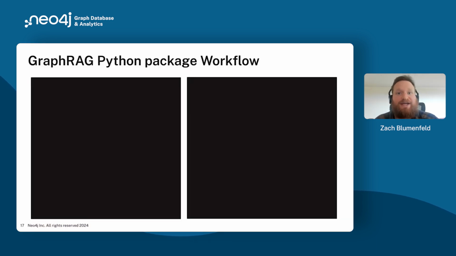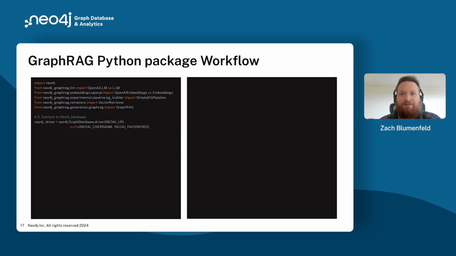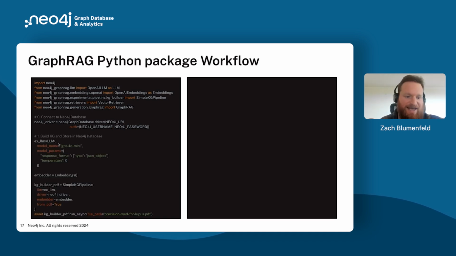So to give you an idea of what this looks like before we go into a demo, I'm going to show you 3 to 4 steps here. First, you can connect to Neo4j using a driver. It's a pretty simple step once you have your Neo4j database created. Next, to build your knowledge graph, and this is a minimal example, you can define your language model.